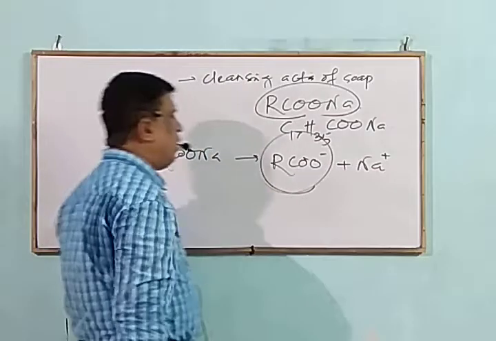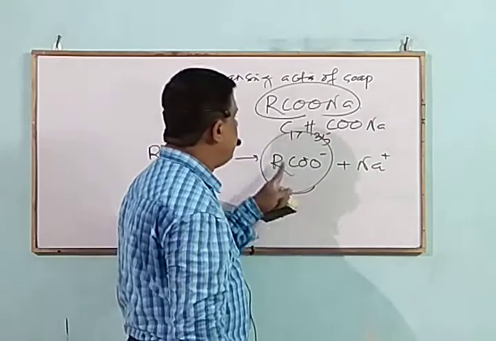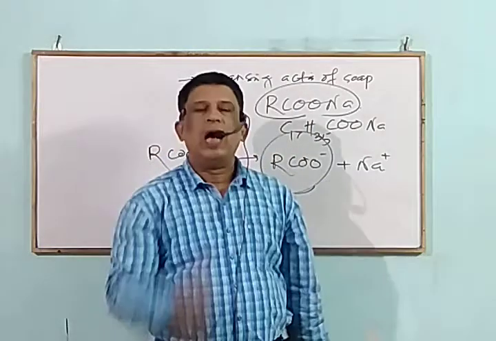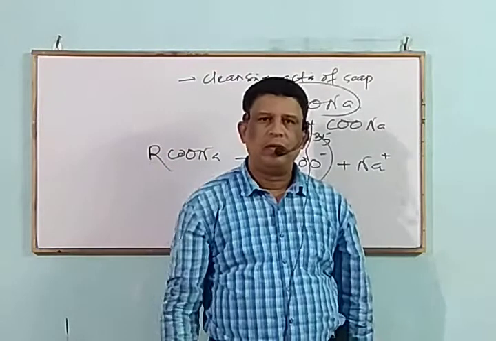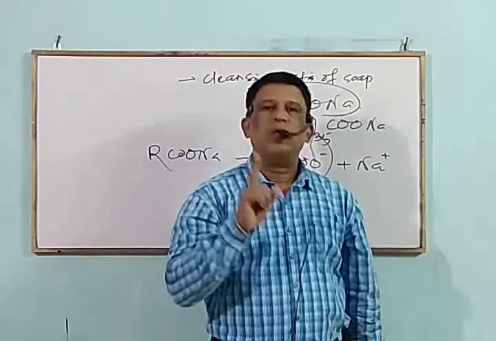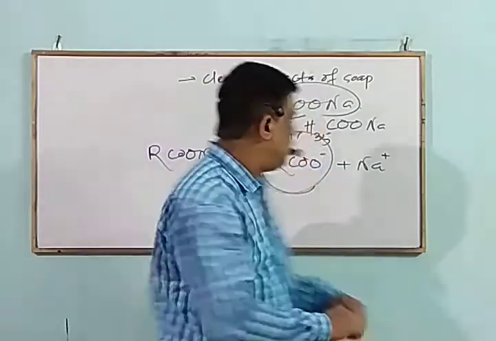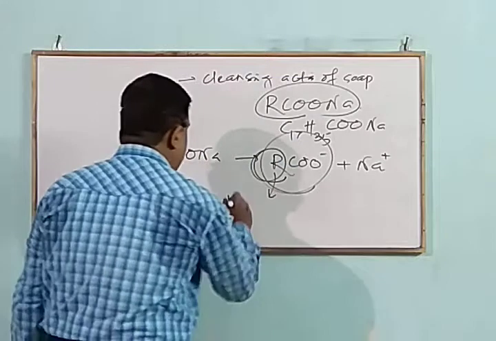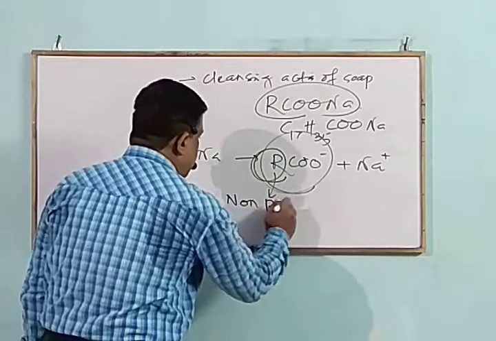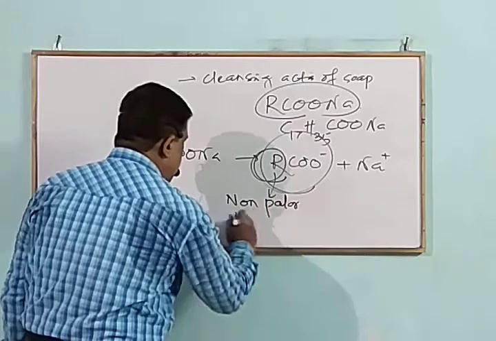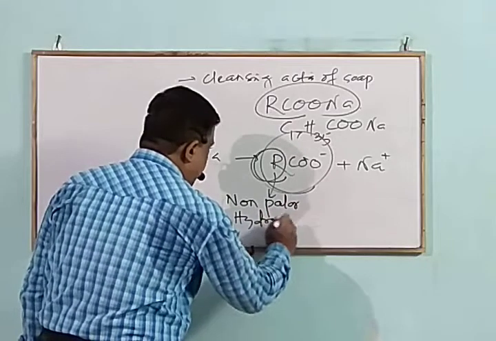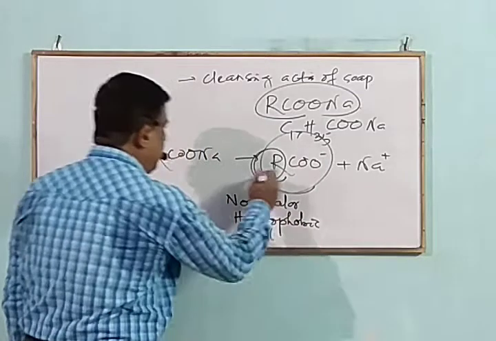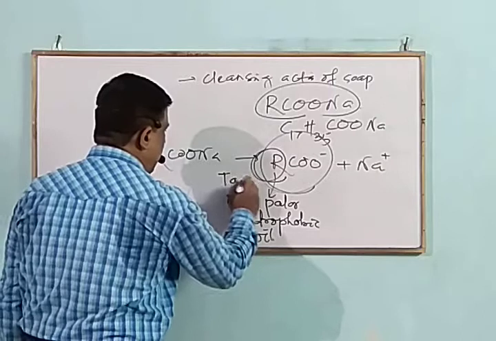This stearate ion, for example C17H35COO minus, has two components: one is known as the head and one is known as the tail. Mark that. This long chain hydrocarbon part is non-polar, hydrophobic, dissolves in oil, and is known as the tail.